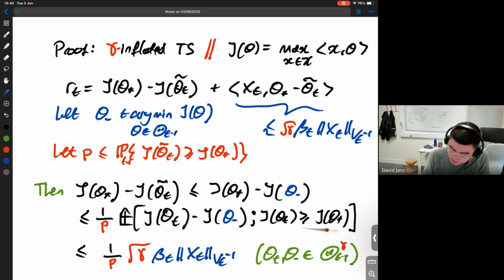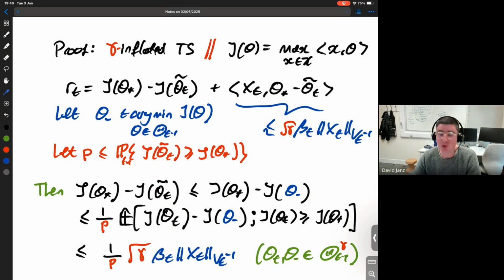So this is the expectation of this event. And from here, again, this is of the same form we're familiar with. Essentially, these are just 2 points inside of the confidence set, with the value of this one being higher than the value of this one. We apply the same Cauchy-Schwarz trick.